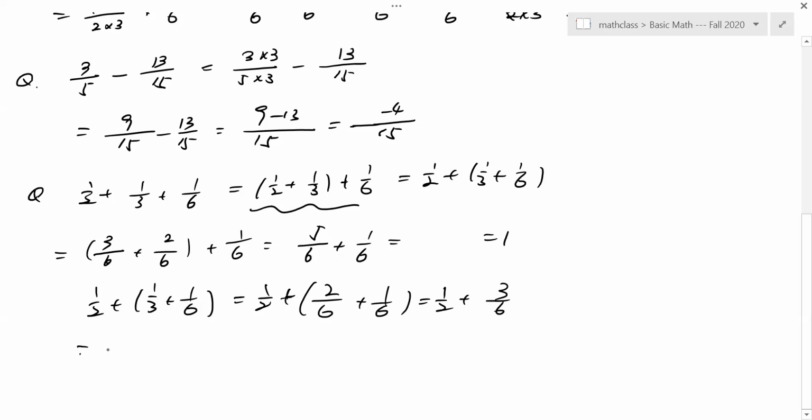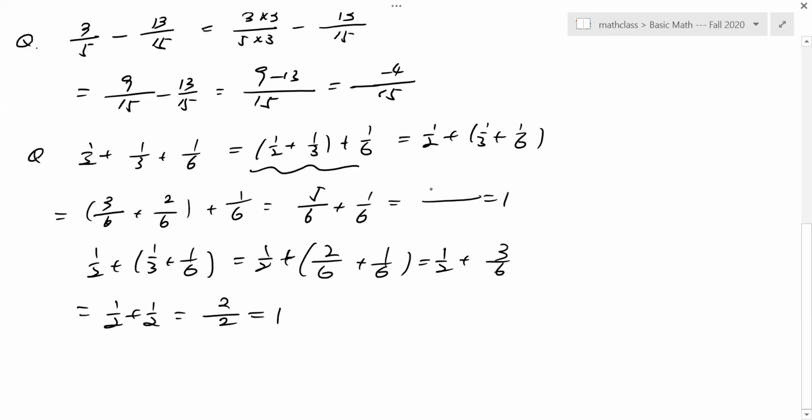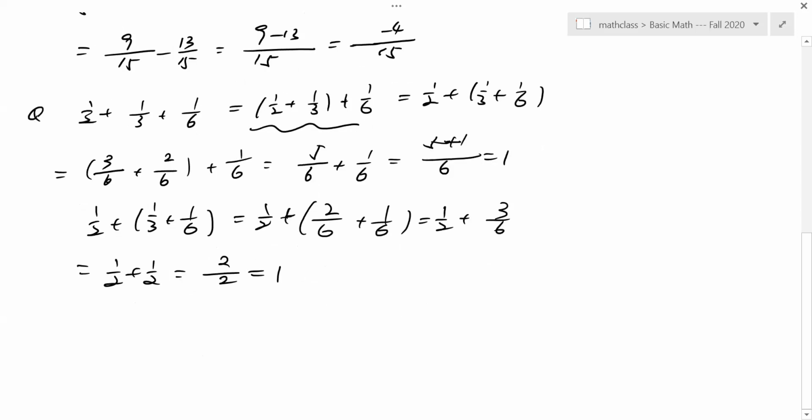The 3 over 6 is just 1/2. So the answer is 2 over 2, which is 1. Right, so that's always equal to 1.